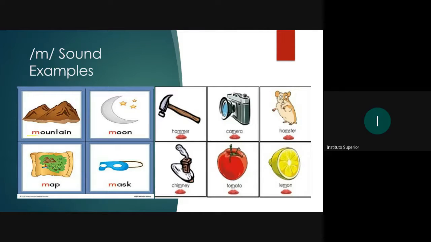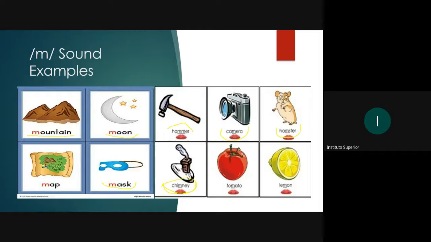Mountain. Moon. Hammer. Camera. Hamster. Map. Mask. Chimney. Repeat again this one. Chimney.